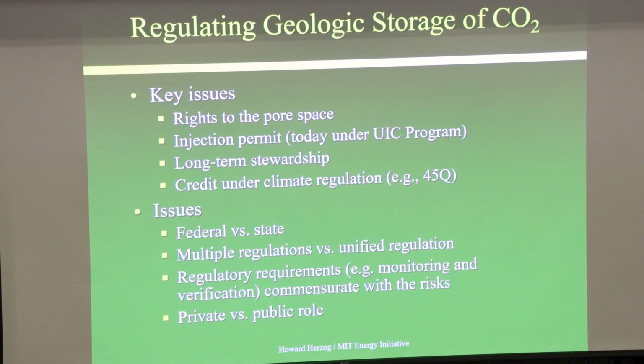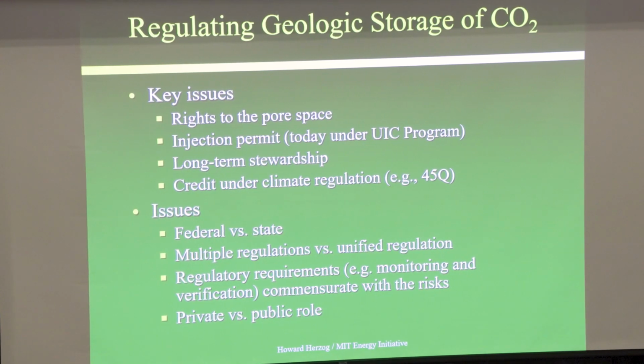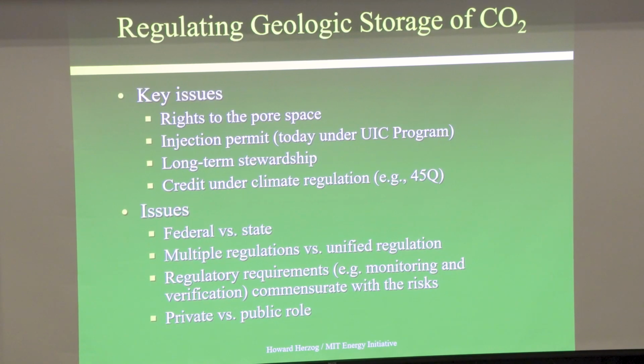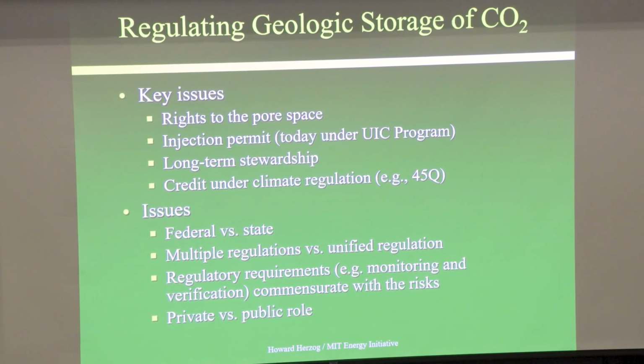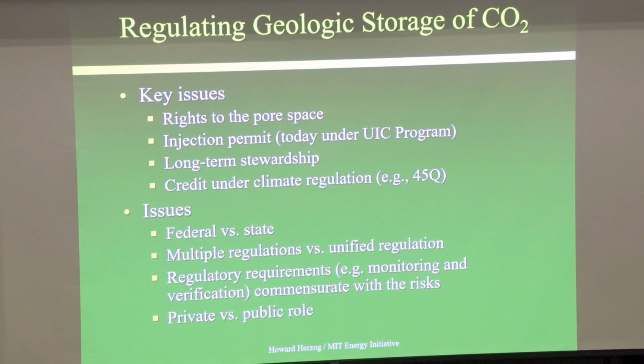You need an injection program. The EPA has something called the Underground Injection Control Program, where anytime you drill a well to inject something in the ground, you need a permit from the EPA. Enhanced oil recovery operations have operated under what's called a Class 2 permit. I think a Class 1 permit's sort of the biggest permits they have.